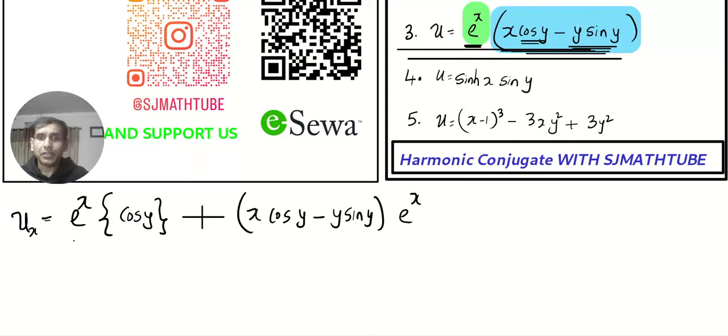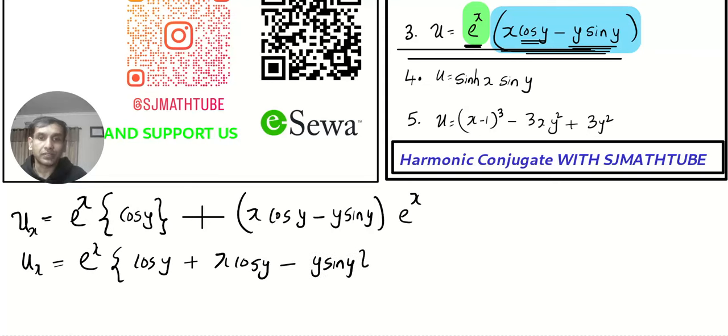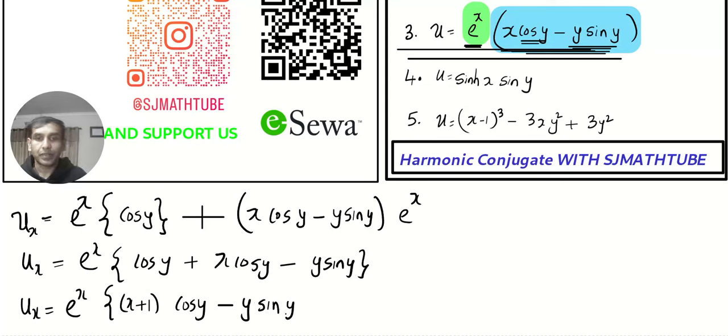Now, if you want, you can take this e power x common so that when we differentiate it again, we'll feel slightly comfortable. So cos y plus x cos y minus y sin y, and that will be ux is equal to e power x times (x plus 1) cos y minus y sin y.